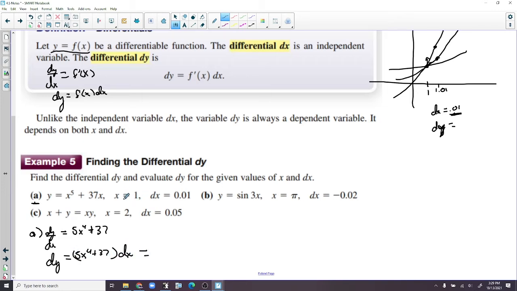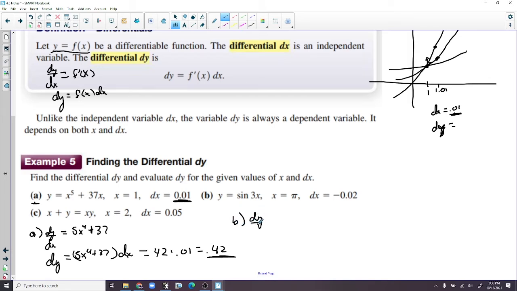And they give us the values for that. x is 1, so 5 plus 37 is 42. Then we multiply that times 0.01, the dx, and y changes by 0.42. So when x changes by 0.01, y is changing by 0.42.